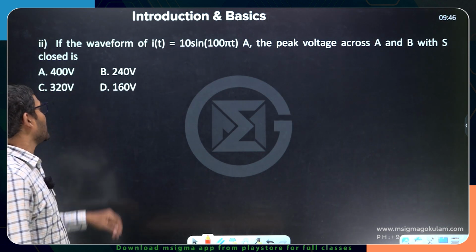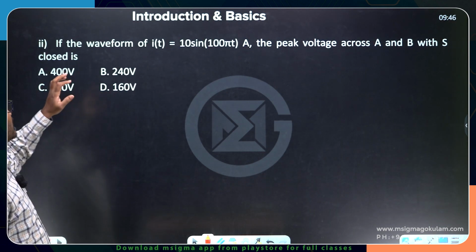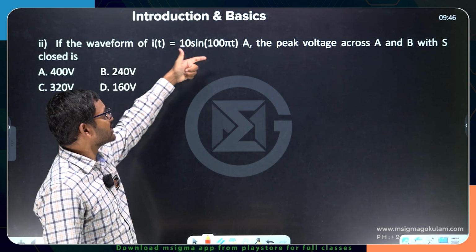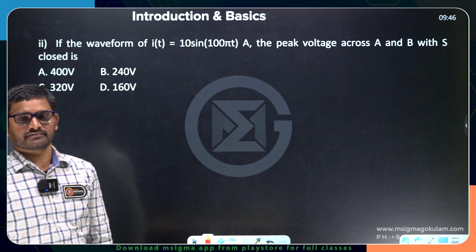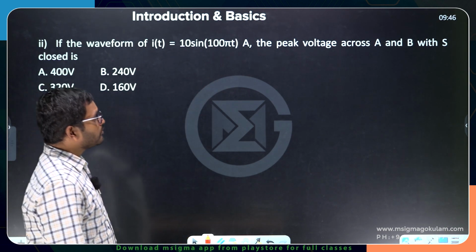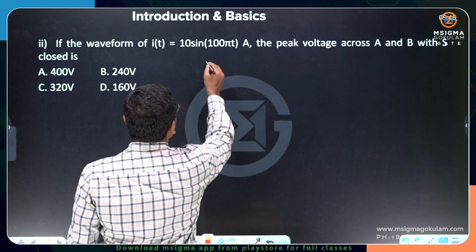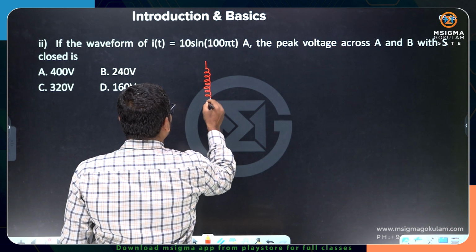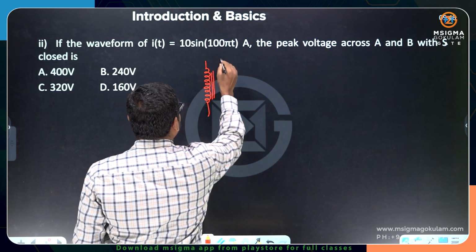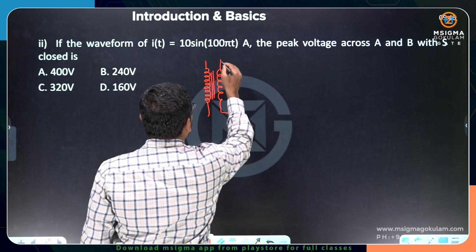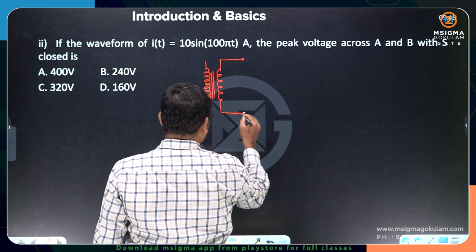Now one more question he has asked, with the same data. If the current waveform is 10 sine 100 pi t amperes, what is the peak voltage across A and B with the switch closed? If I close the switch, what will be the voltage? This is 1:1. I have A terminal.